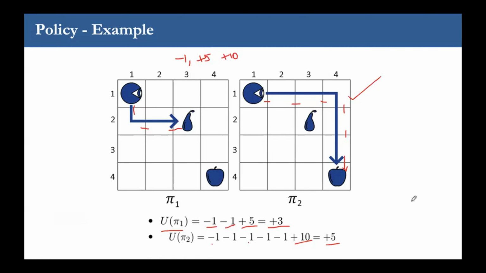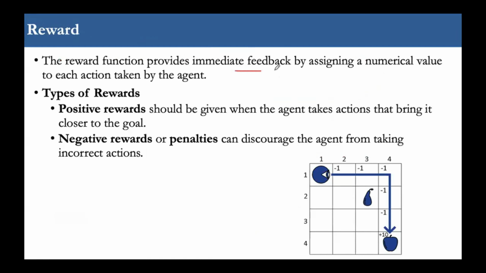The next one is reward. The reward function provides immediate feedback by assigning a numerical value to each action taken by the particular agent. So in the previous example also we have seen this. Here the agent learns to perform actions that result in higher rewards by exploring various state-action pairs and updating its policies.